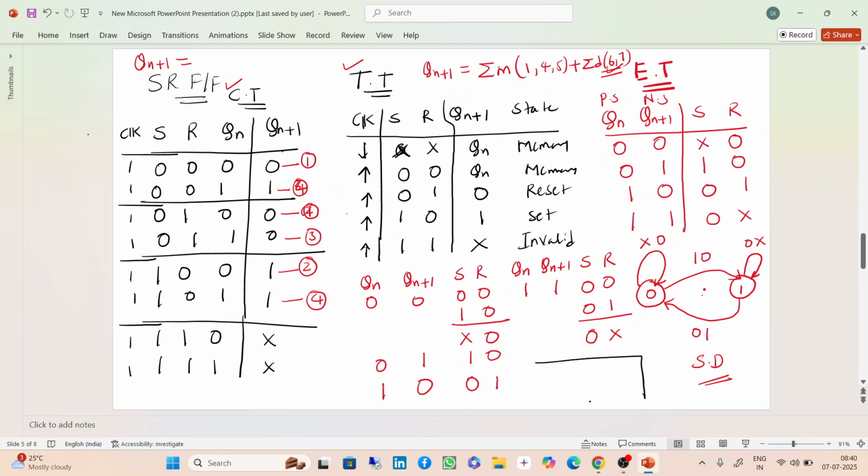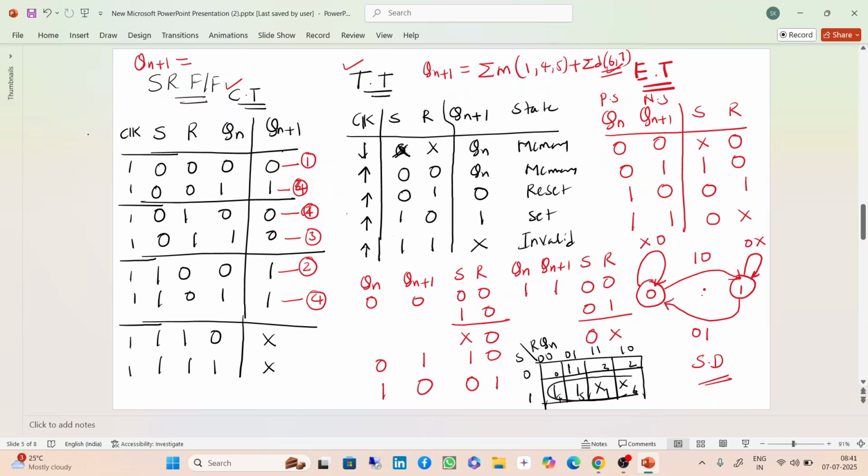The inputs are S, R, Qn, with combinations 0 0 0, 0 0 1, up to 1 1 1, numbered 0 to 7. Wherever the ones are, 1, 4, 5, and don't cares 6 and 7. Depending on the possibility, I can consider don't care as 1.